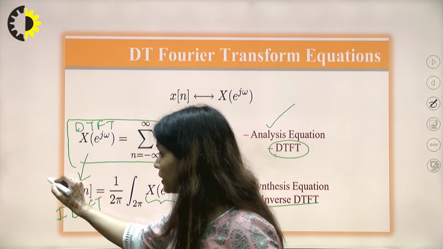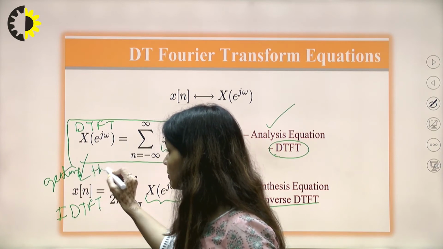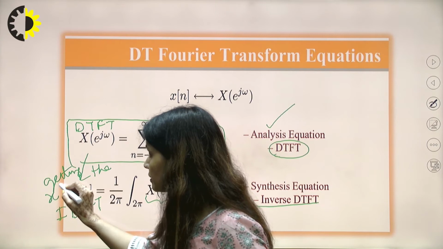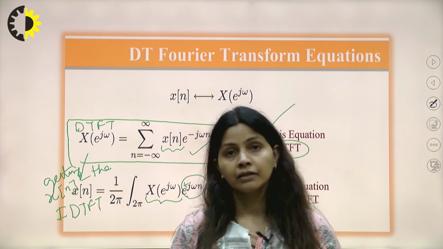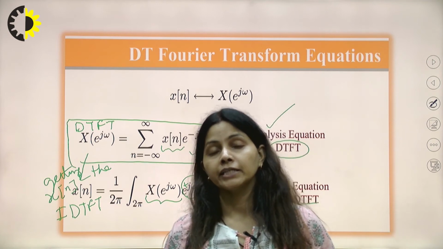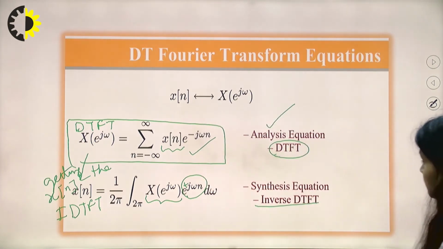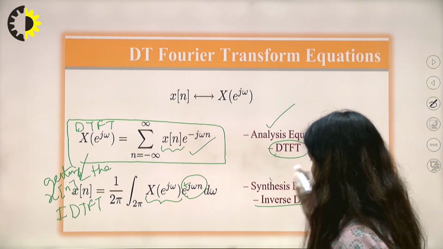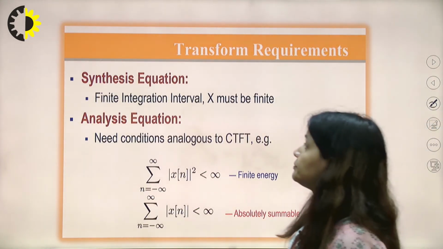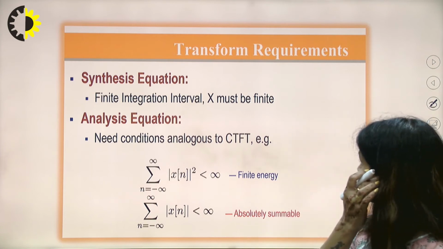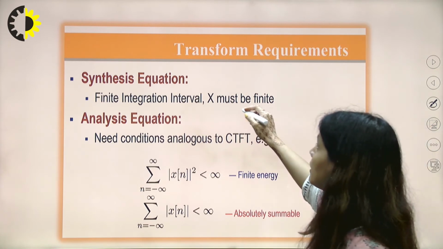So getting the x[n] sequence back from the calculated Fourier transform, or as we say DTFT. This particular equation is known as the synthesis equation. Now for this synthesis equation, a finite integration interval must be there and X must be finite.